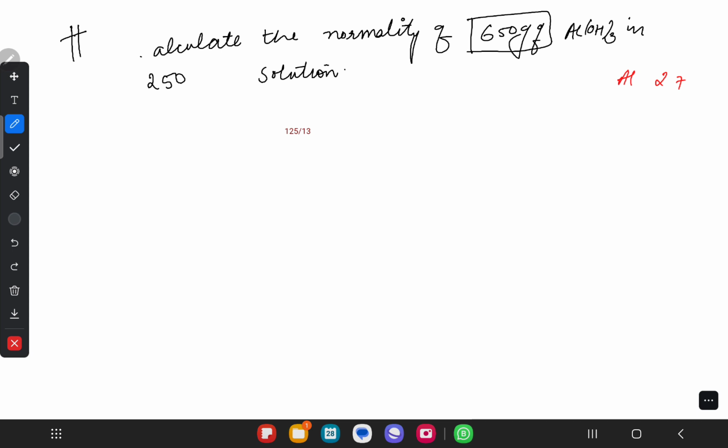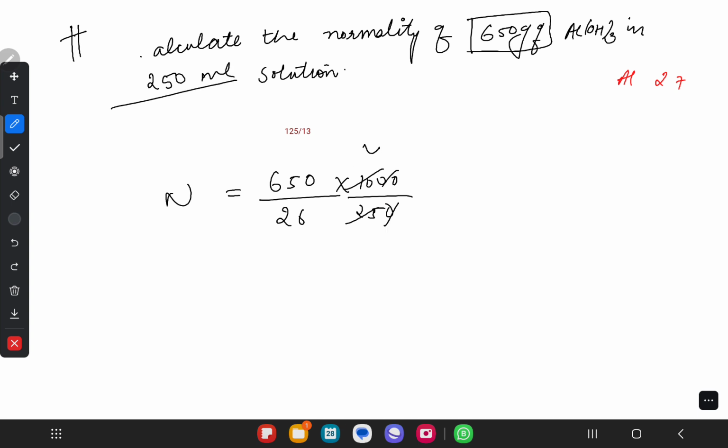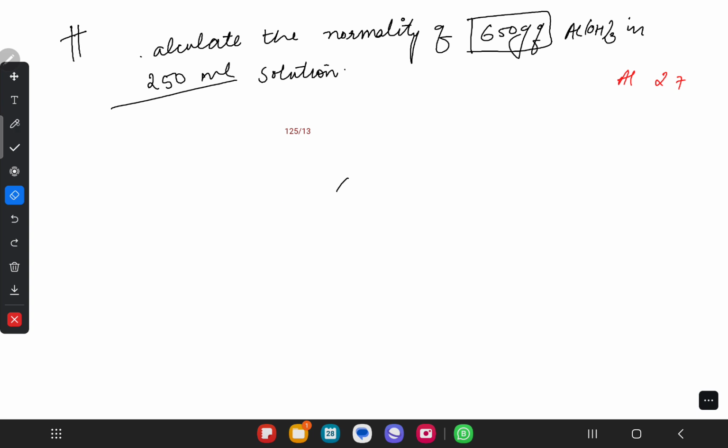Did you do 650 divided by 26 into 1000 by 250? Into 1000, because it's milliliters, no? Did you convert that into liters? Oh my, I thought it was liters. No. Next question.